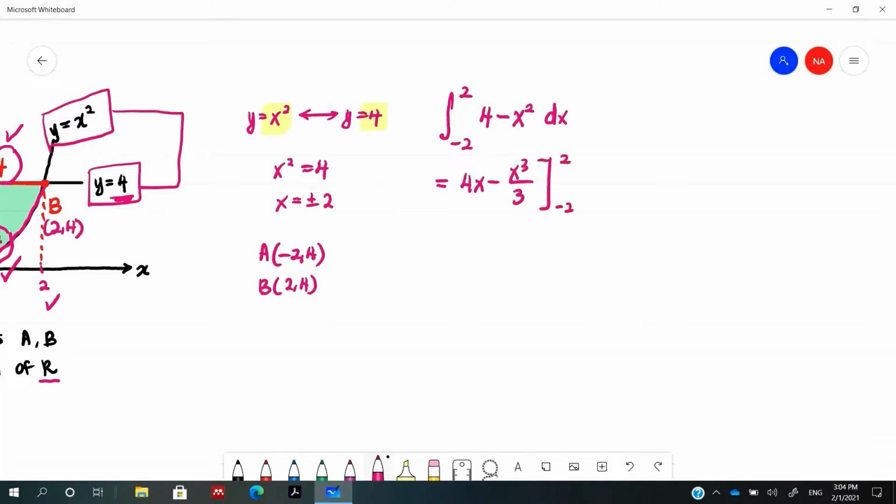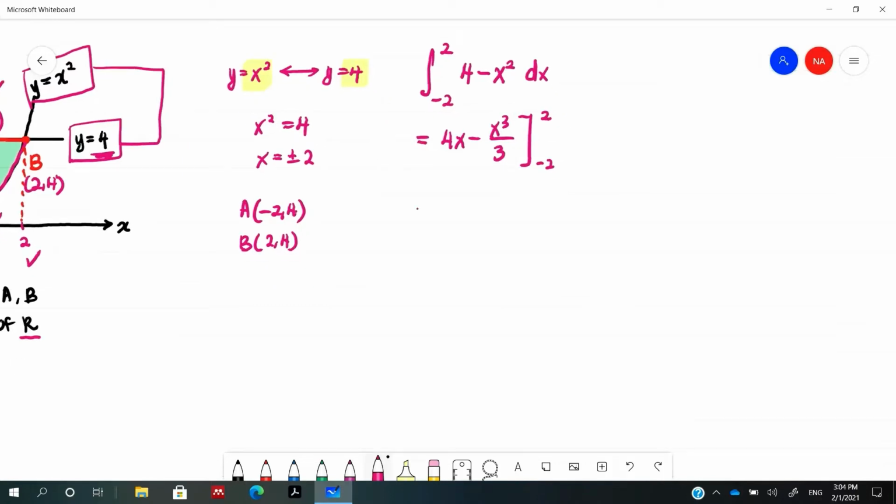We substitute the value 2 and then negative 2. Firstly we substitute 2, so we have 8 minus 2 to the power of 3 over 3 for the first part. We subtract the one substituted with negative 2, which is negative 8 minus negative 2 to the power of 3 over 3.